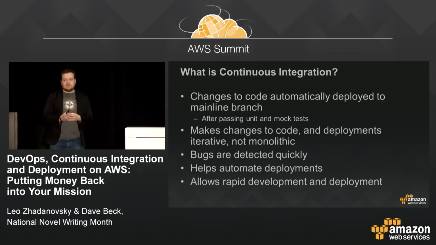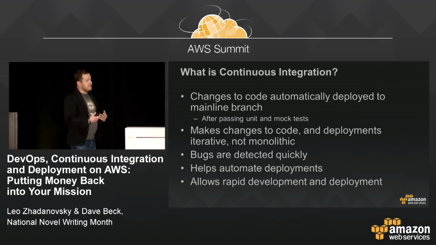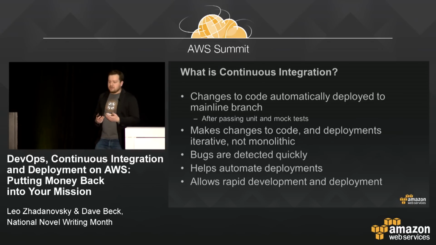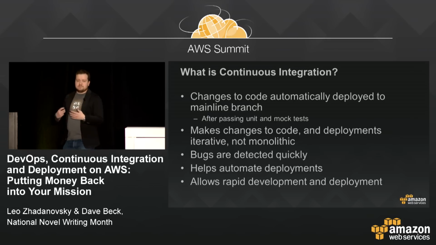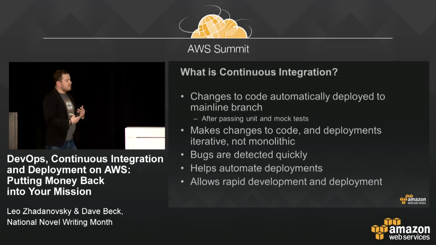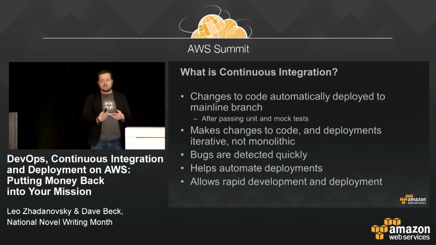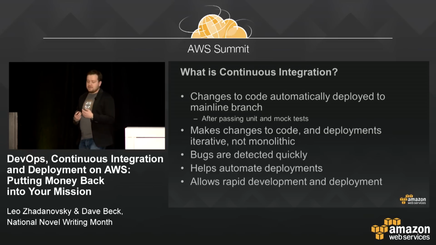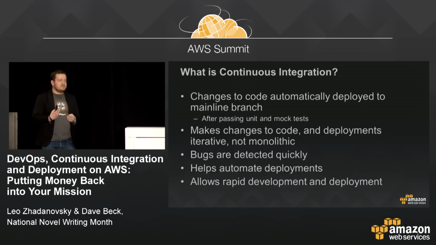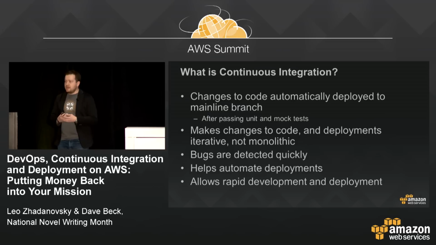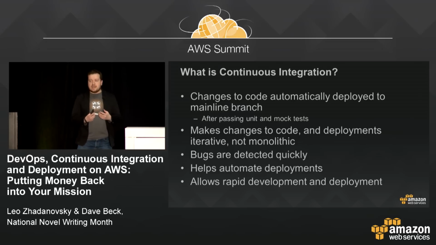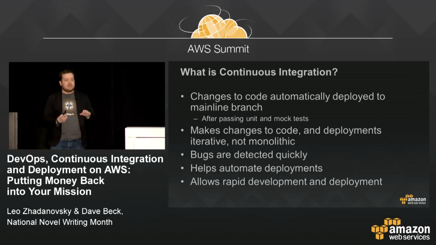What this allows you to do is, instead of having your deployments happen once a year, 4 times a year, or having these big monolithic changes, you have iterative small changes. This makes your changes not scary. It lets you detect bugs really quickly, so it's less scary to do deployments. And this encourages you to automate your deployments.